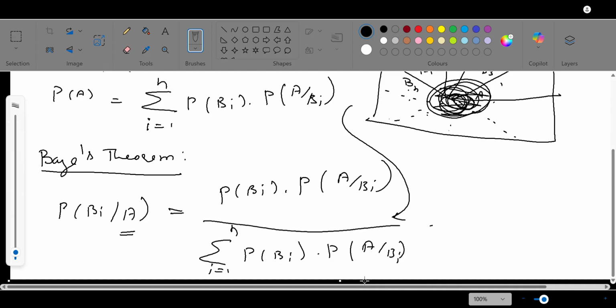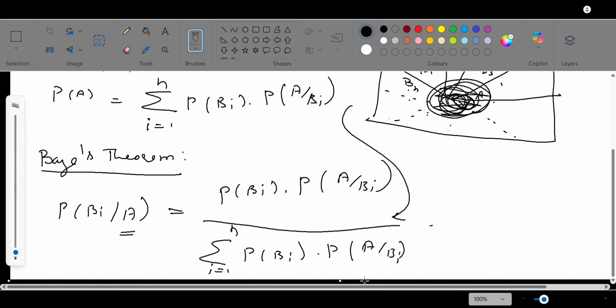Of their outputs, 5%, 4% and 2% are defective. A bolt is drawn at random from the product and is found to be defective. What are the probabilities that it was manufactured by machine A, machine B and machine C?